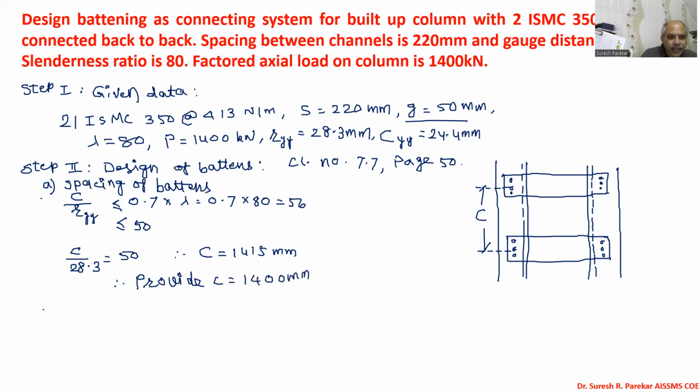Now we have B, size of batten. For the spacing of batten, we have clause number 7.7.3, page 51. Now we have second, size of batten.